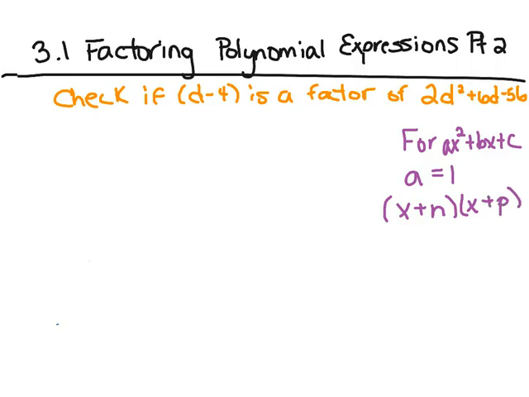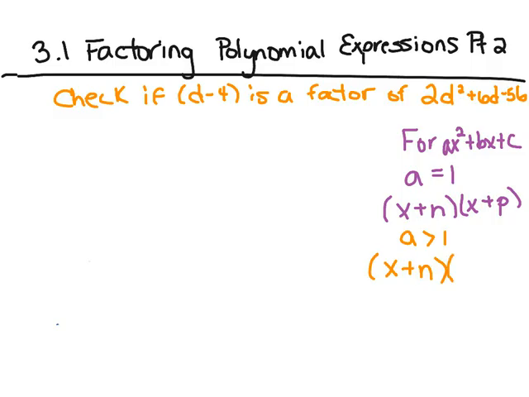And you know for sure that when you factor this out, whatever n and whatever p you have is going to be your two numbers that you found. If your a is greater than 1, so anything but 1, you know you're going to have one of the factors looks like this, x plus n.